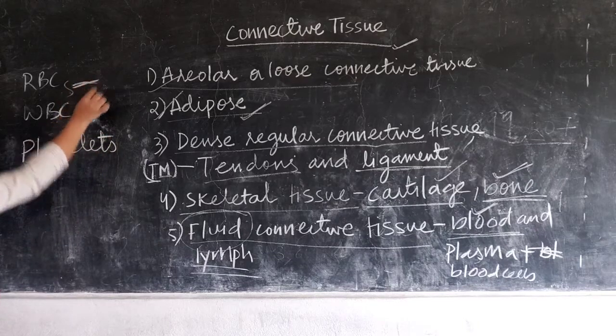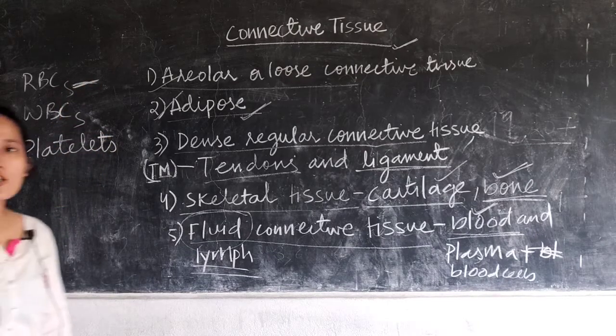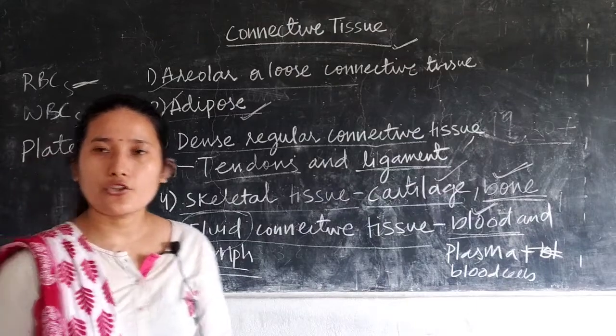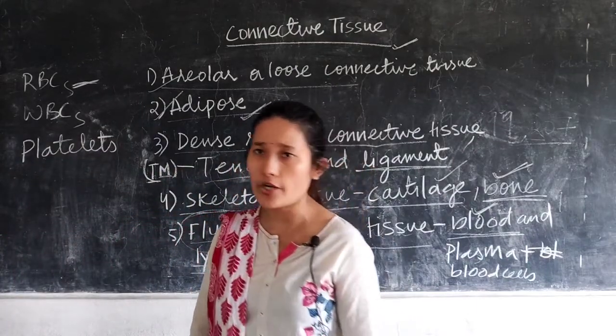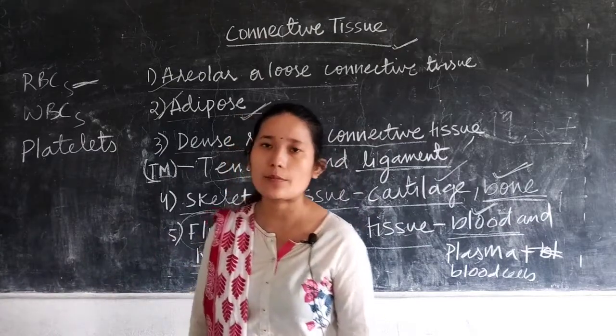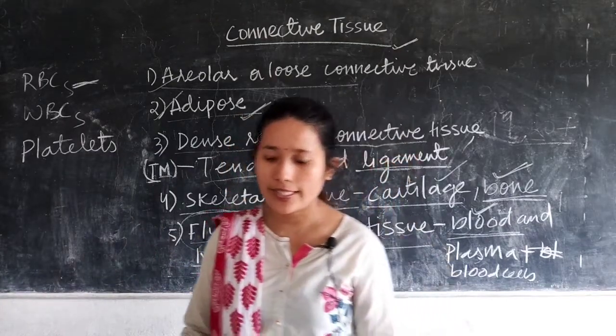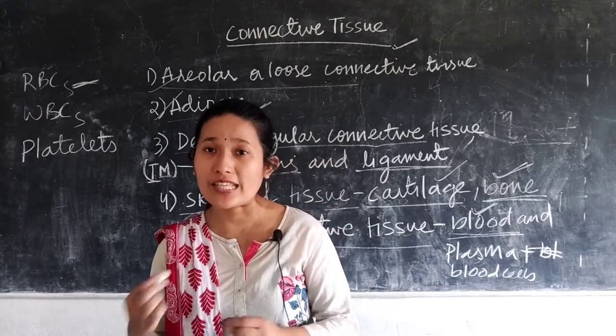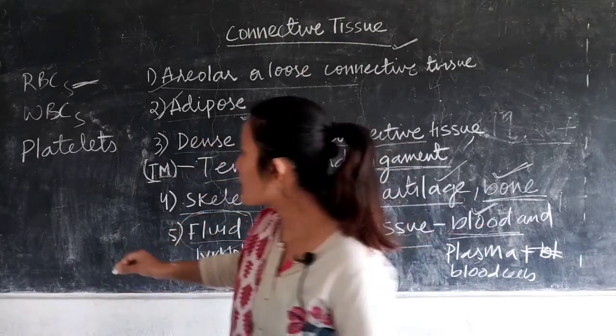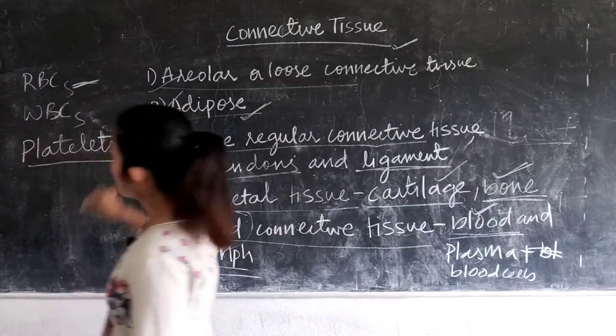Red blood cells help in transportation of oxygen and nutrients throughout your body. White blood cells provide immunity to your body. Then you have platelets, which help in clotting of the blood. In case of any kind of injury, the blood itself heals because of the presence of these platelets.